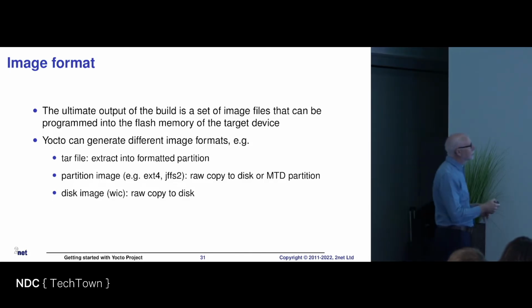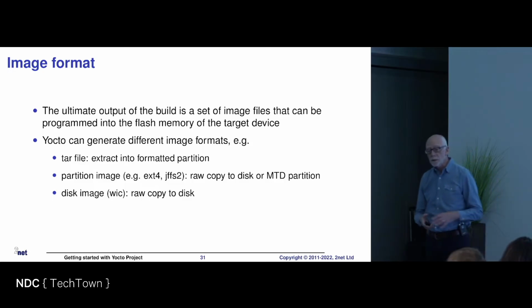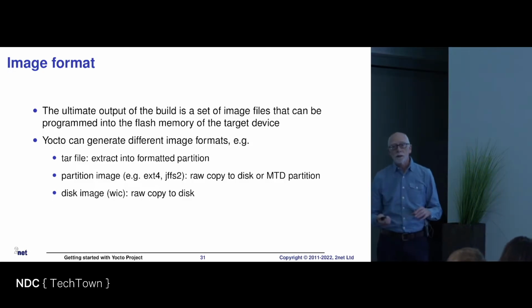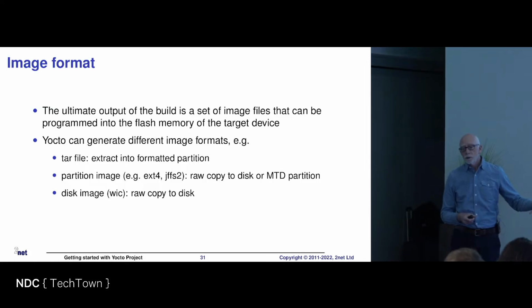Or you can tell it to generate the root file system in a formatted image format. So for example, ext4, or maybe JFFS2, which is for flash memory, or UBIFS, which is another flash format, and various others. In that case, you would just do a dd or equivalent onto your target device.